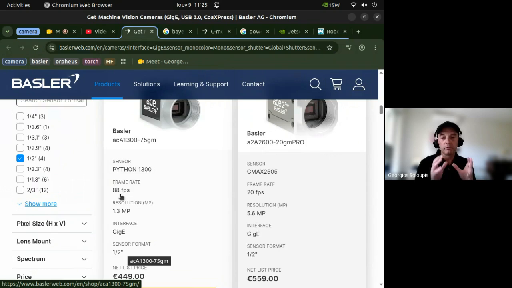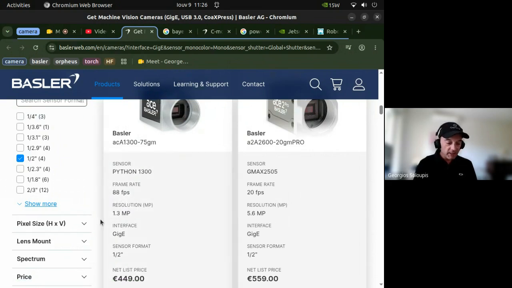And if we pick a region of information, we get more than 240 frames per second. So basically, these were the most important factors for the camera.